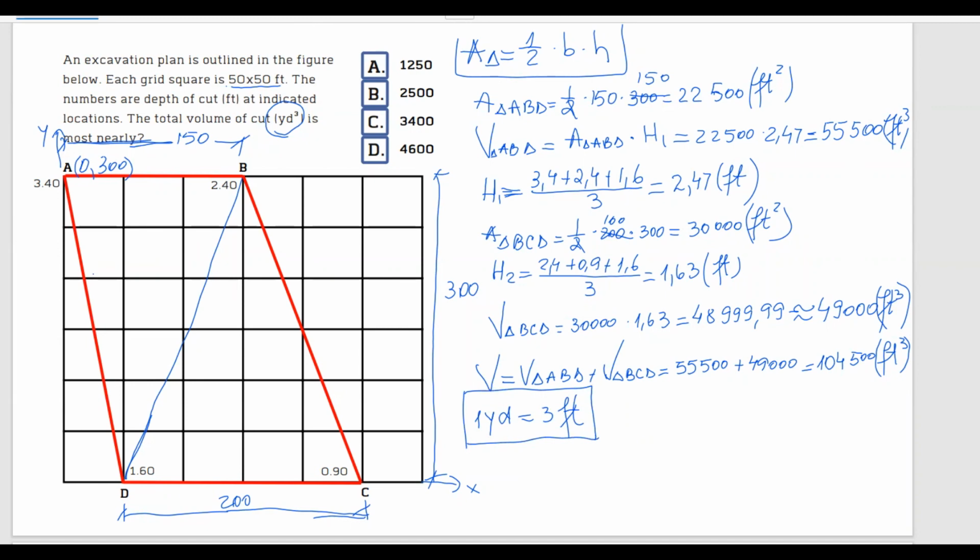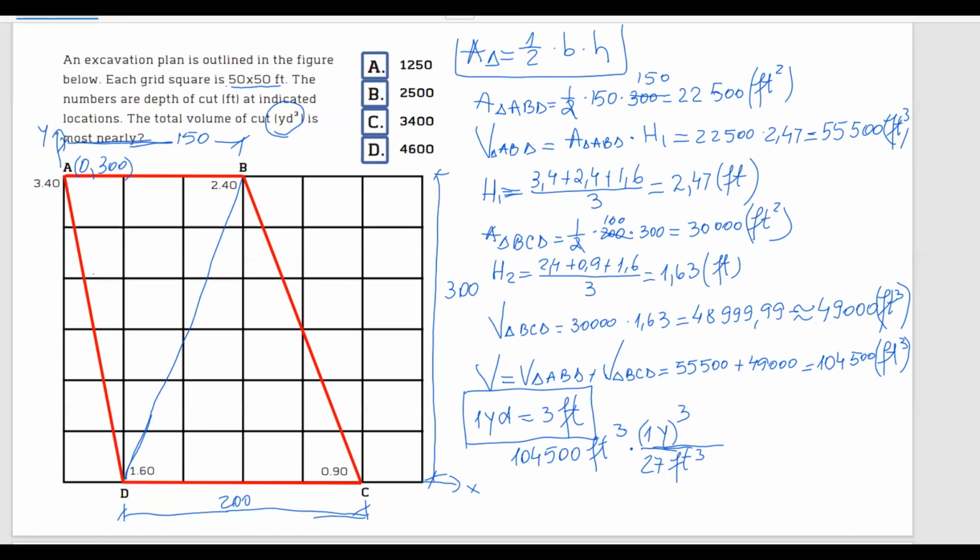So let's see, we have 104,500 feet cubed, and we would like to convert into yards cubed. So I know that 1 yard cubed is going to equal 3 feet cubed, right? I can rewrite this as 3 cubed feet cubed, 3 times 3 times 3, which is 27 feet cubed.